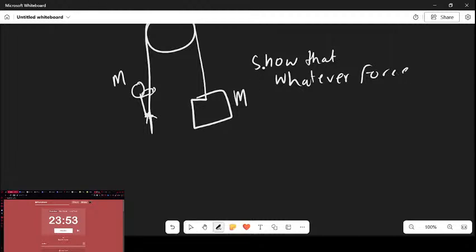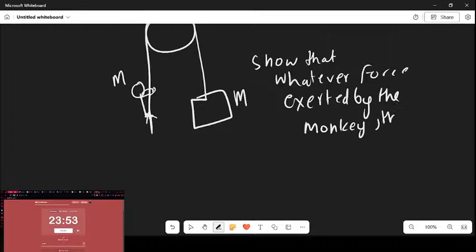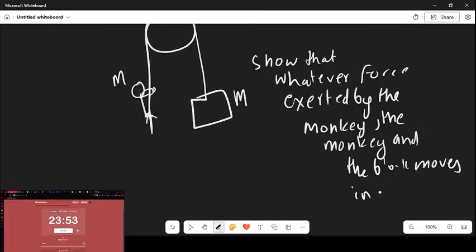Whatever force exerted by the monkey, the monkey and the block move in the same direction with equal accelerations.